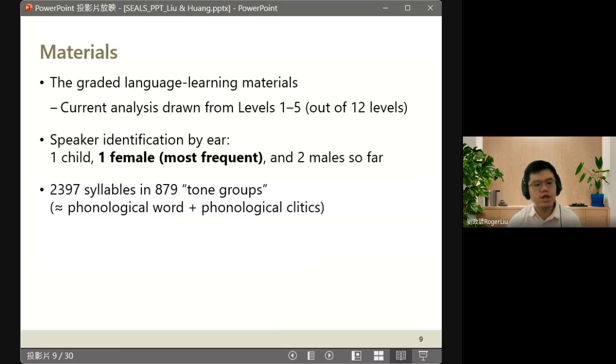Speech identification was done by ear, and we have identified one child, one female who's the most frequent speaker, and 2 other male speakers so far. And we have collected more than 2,000 syllables in about 879 so-called tone groups, by which we mean the phonological word plus a series of phonological enclitics.